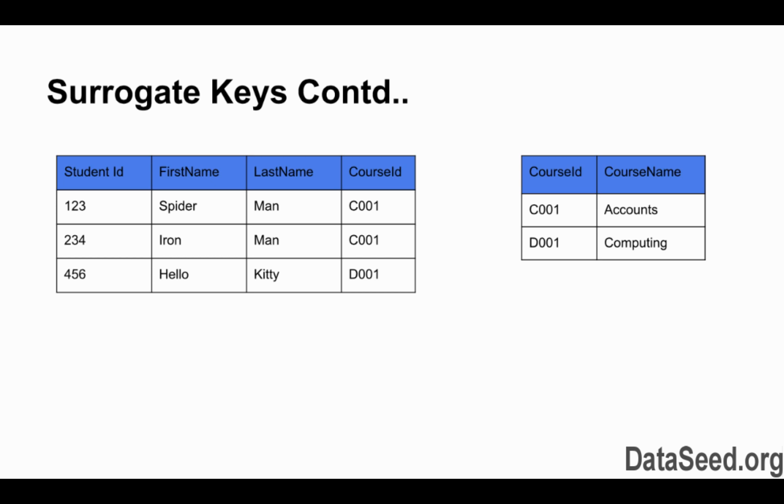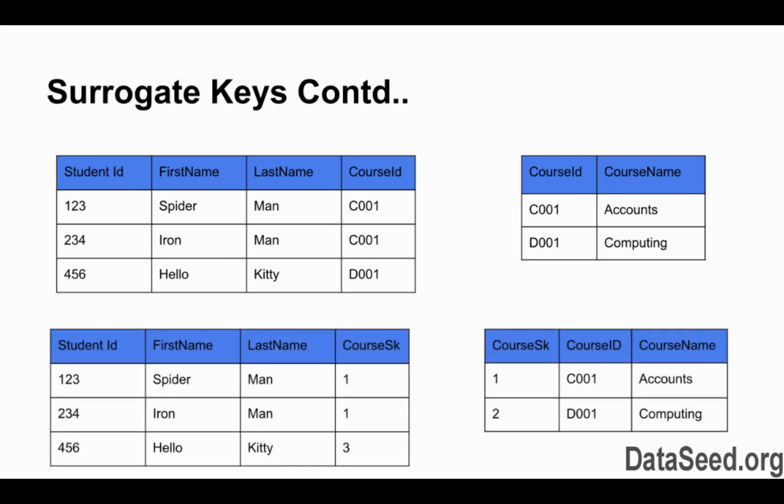When we change the data type of course ID in course table, we don't have to change anything in the student table because student table is now referring to the surrogate key. Please note that I have surrogate key labeled as course SK, where SK stands for surrogate key.